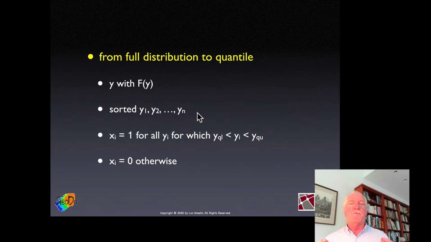The key notion, and it's very simple: for those observations that fall in the particular quantile, you create a new discrete variable that takes the value of 1. All the other observations get a value of 0. This is how we go from our original continuous distribution to a discrete distribution where we now have zeros and ones.